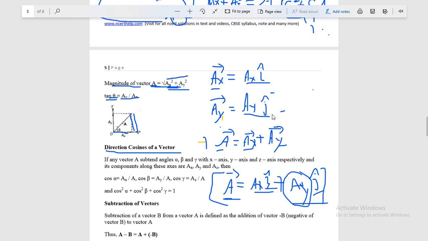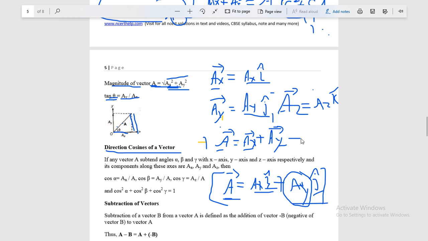In that case, the z component of this vector is az, and then k cap. So you can write az k cap. So you can write ax plus ay plus az.